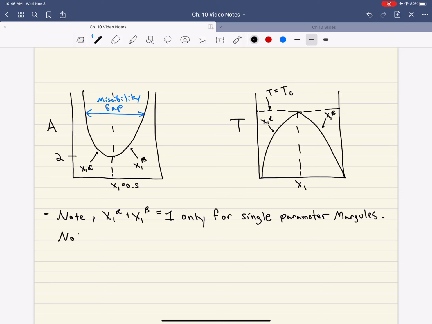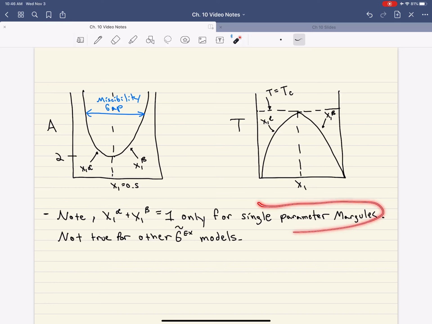And if you use some other model, like the 2-parameter model or the Van Laar model, you probably won't see that. So I just want to emphasize that just so that you don't get the wrong idea that x1 alpha and x1 beta have to equal 1. That's only true for the single parameter Margules.